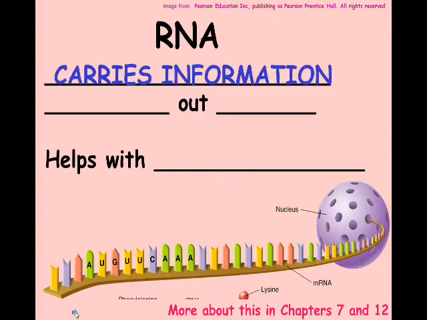RNA also is an information molecule. It's going to carry the information from the DNA in the nucleus out to the cell. It's the connection between the information that's stored in the genes and carries that information out to the cell to tell the cell what to do. Also, RNA helps with protein synthesis.